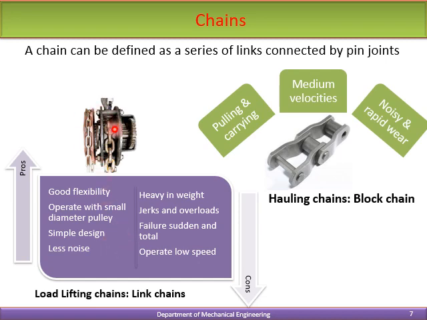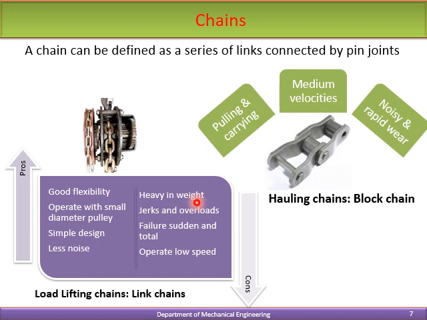Here it is illustrated in the figure, and it has good flexibility, operates with a small diameter pulley, has a simple design and less noise. And the cons are heavy weight, jerks and overloads, sudden and total failure, and it operates at lower load. These are the disadvantages of these chains. And the next one is hauling chains.